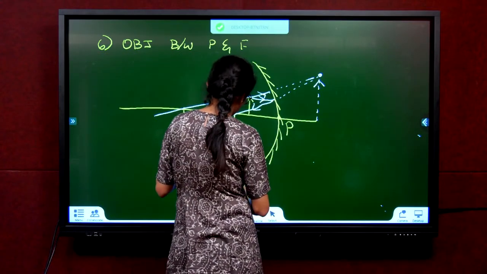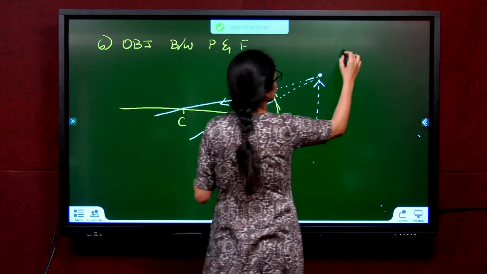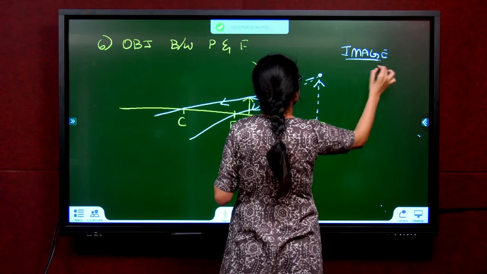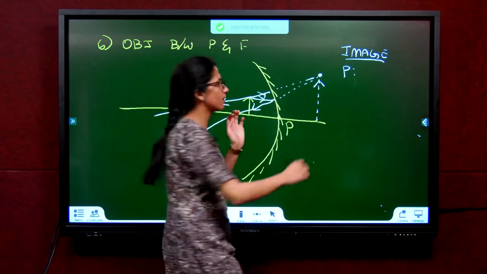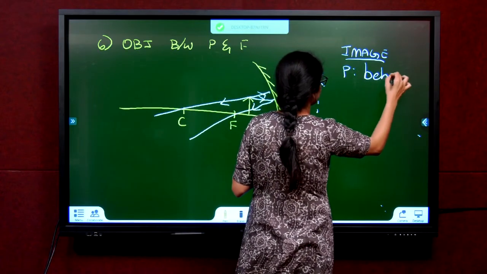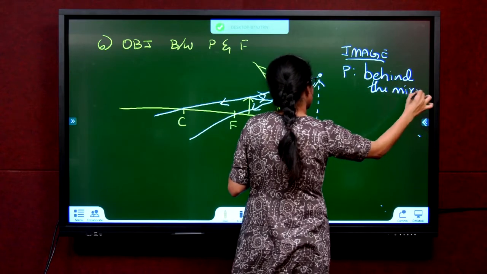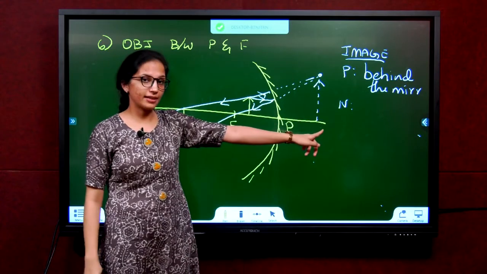So, what can we write for this one? Image position. Where is the image position? It's behind the mirror. Next, nature. It's not really meeting.